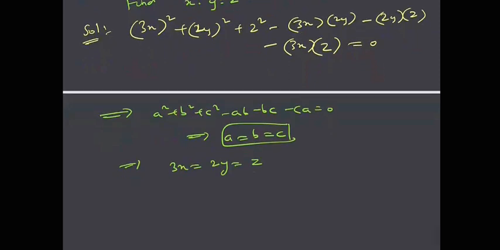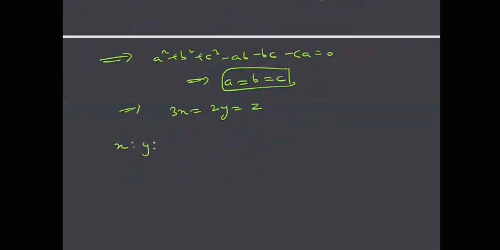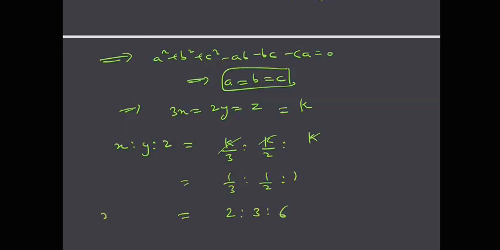So x is to y is to z, you assume that this is equal to some constant k. So x is k by 3, y is k by 2, z is k. So this is 1 by 3 is to 1 by 2 is to 1. So you can multiply by 6 and you will get 2 is to 3 is to 6. Okay, so x is to y is to z is 2 is to 3 is to 6.